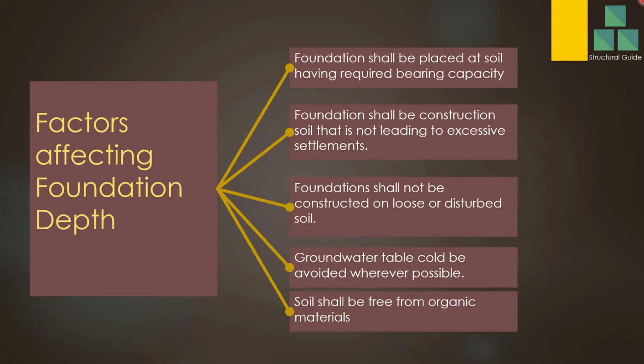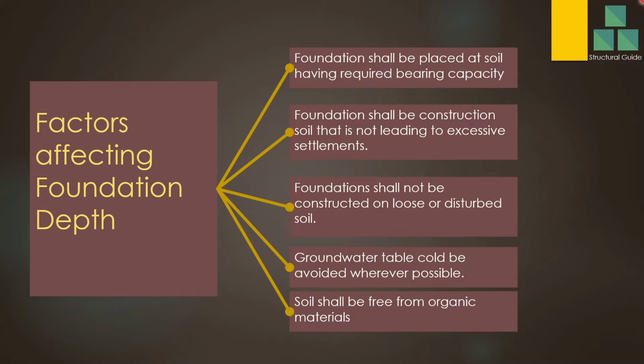Groundwater table. Groundwater table is very important in shallow foundation construction because it affects the soil bearing capacity. In addition, it affects the cost of construction also. If the groundwater level is very close to the ground, then we have issues because when you excavate for the foundation, you may find water.